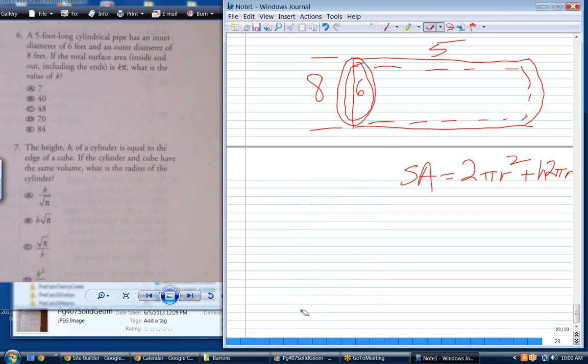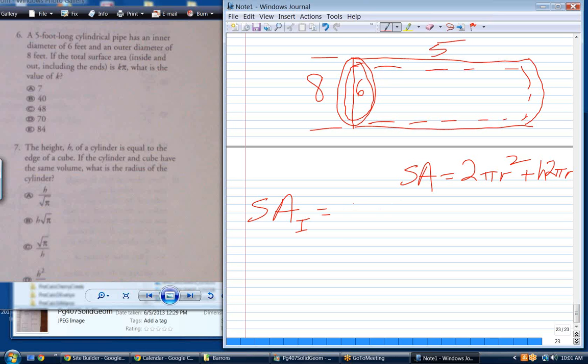So now let's go talk about this problem. Let's see if I can figure it out. If the total surface area inside and out, including the ends, well, let's figure out the surface area of the inside and the out. What's the surface area of the inside, including the ends? I'm really not sure. Well, let's plug it in. We know r is 3 on the inside.